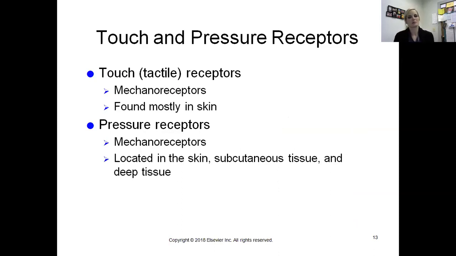Whereas pressure receptors, again, we can feel the sensation of that heavy bowling ball, or if somebody was pressing up against me, those are still mechanoreceptors, meaning that they are mechanics or movements of the body, but located within not just the skin, but also subcutaneous tissue, as well as even deeper tissue. Again, if somebody's pressing up against me, that's going to be felt beyond the skin, a little bit deeper than the skin.